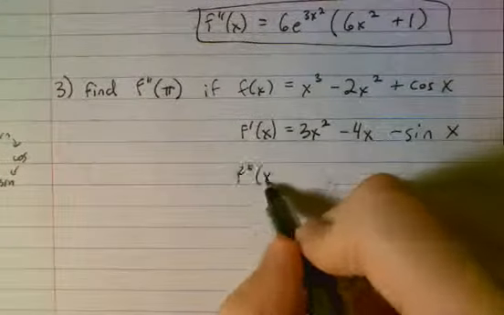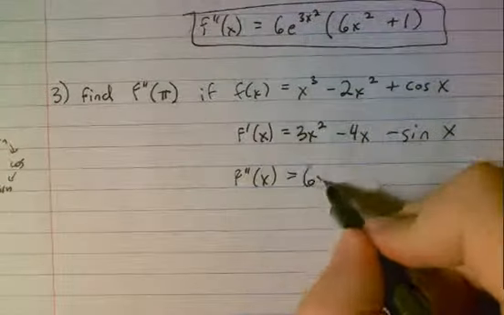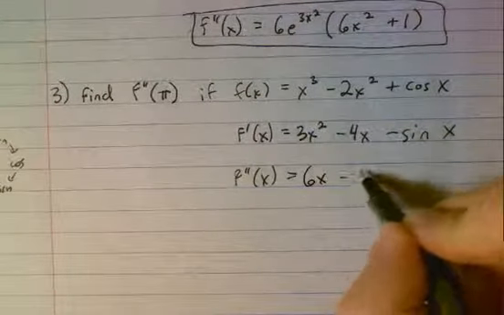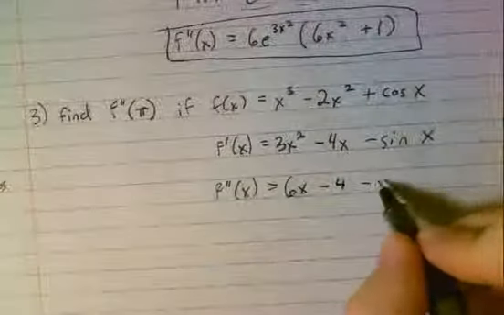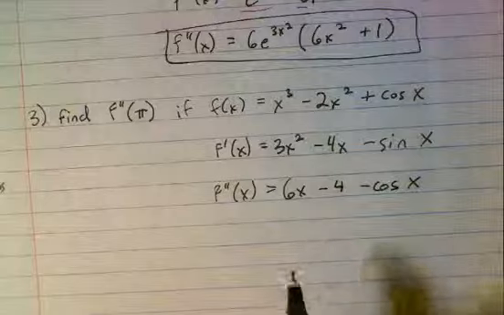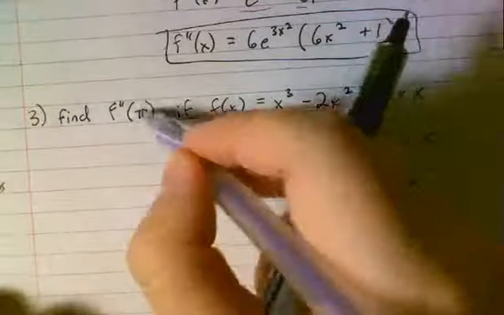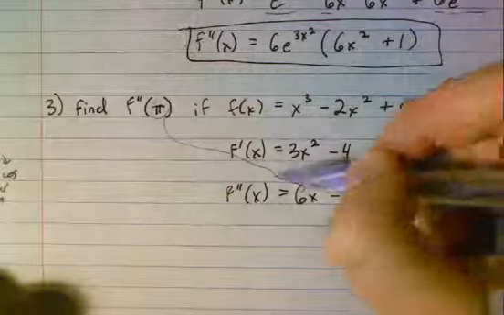Now I do the second derivative, same deal again. Bring down that exponent, 6x minus 4, and then the derivative of negative sine is negative cosine. And there we go for that. Now we have to remember to take this pi and put it in for each of our x's.